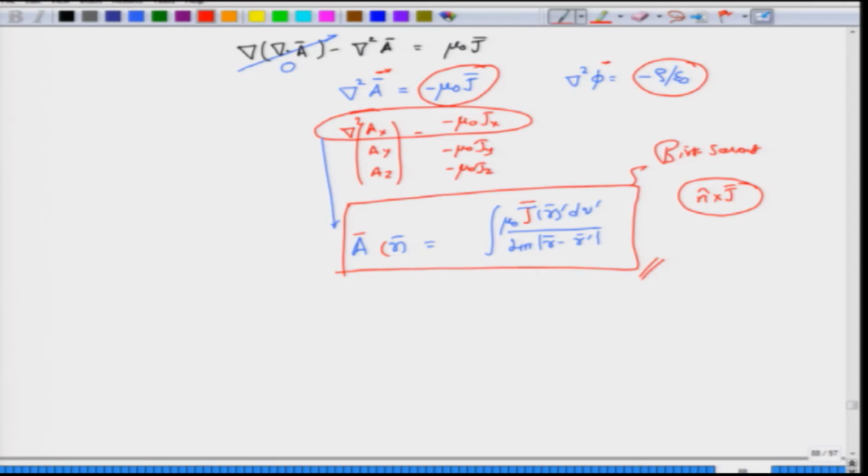Now, all these things is actually okay for the static case, but I am not really interested in the static case. See, for one primary reason, let us assume that my current distribution is along this z direction, and it is slowly now varying. So, I will assume that this is only Jz component and it is slowly changing with respect to time, and I am sitting very far away here.